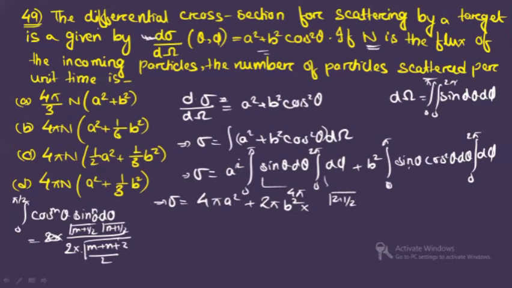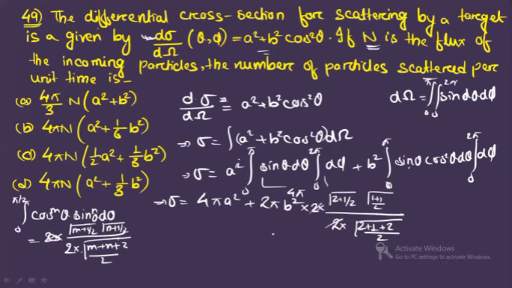Remember, this is m plus 1 whole by 2. And here you will have sine to the power 1 theta, so it is 1 plus 1 divided by 2. Clear? Divided by 2 into gamma of m plus n plus 2 divided by 2, where m is 2 and n is 1. Now you see here the integration is from 0 to pi by 2, but here it is from 0 to pi, so you will have to multiply by 2 here. Clear?